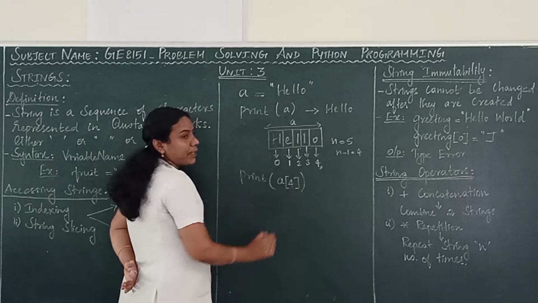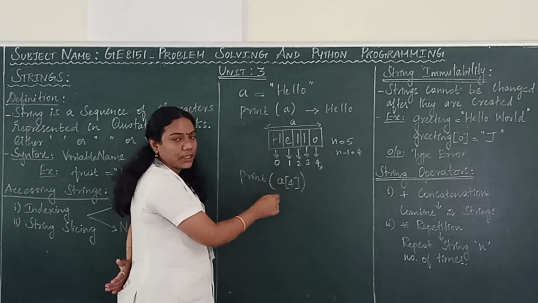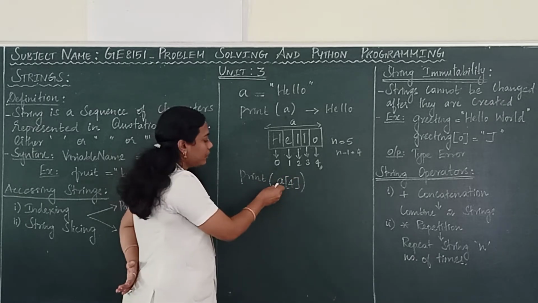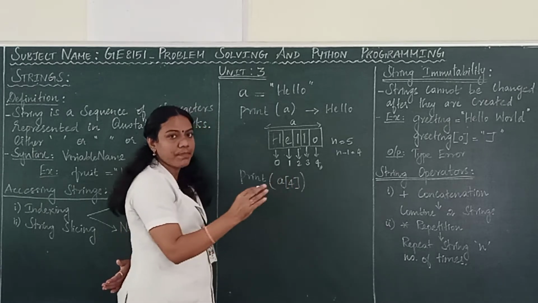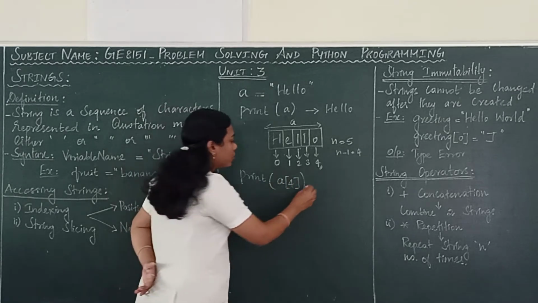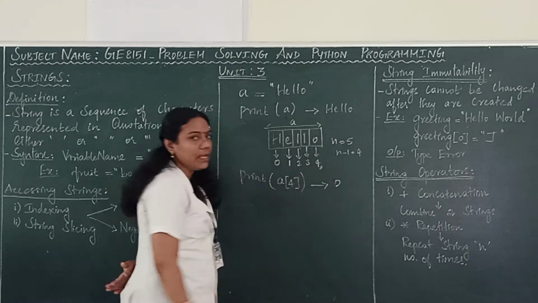Inside the square brackets, the value provided is treated as the position or index value. From this string, the value present at position 4 must be printed, that is the meaning. So I will get the output O; this character alone will be printed.